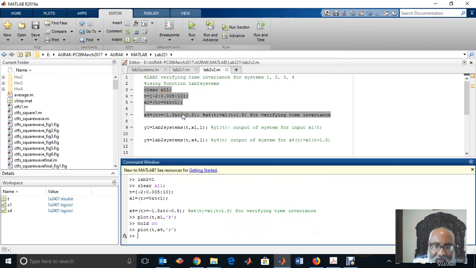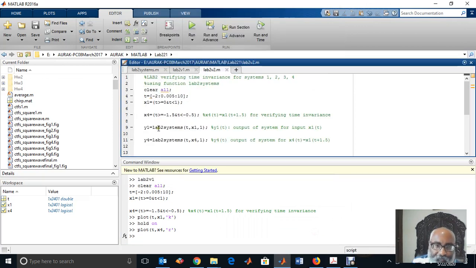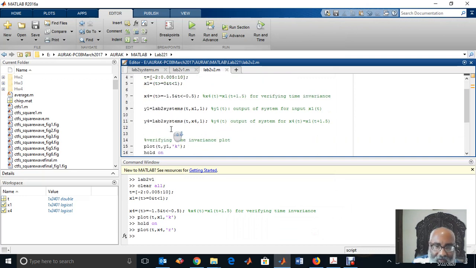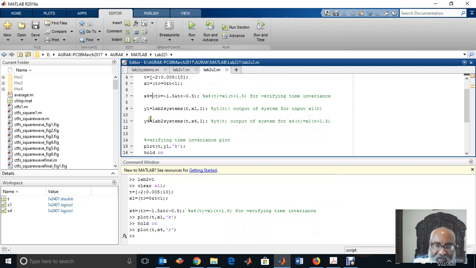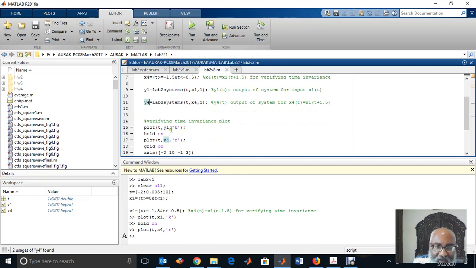So to check this, I pass x1 through the system to get y1, and I pass x4, the shifted input, through and get y4. Then I plot y1 and y4. When I compare y1 and y4, y4 should be shifted by 1.5 compared to y1, so to the left.